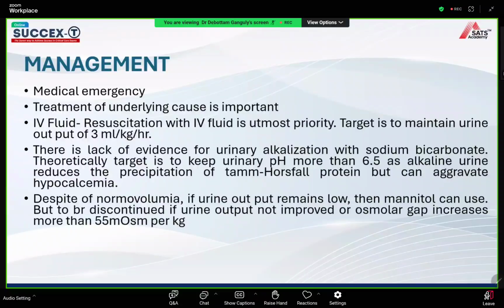Despite normovolemia, if urine output remains low, then mannitol can be used, but we have to discontinue mannitol if urine output does not improve or the osmolar gap increases more than 55 mOsm per kg.